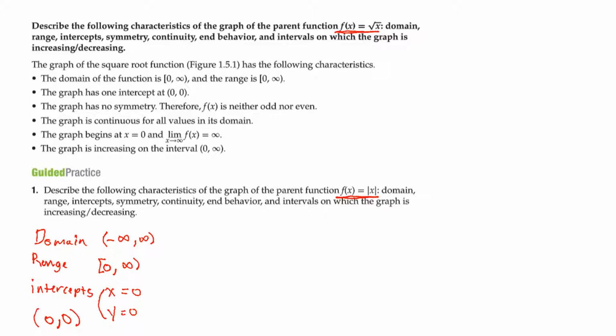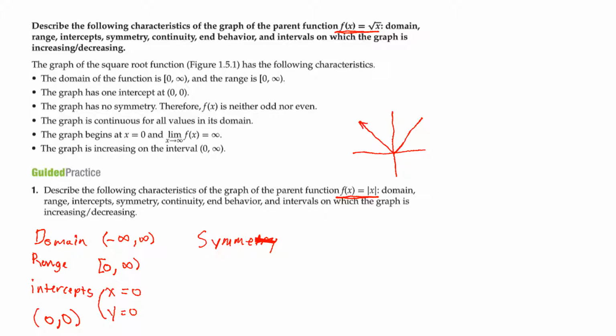Okay, so next I need to deal with the symmetry. All right, symmetry. Now I'm going to draw this here so that you can see it. Okay, the absolute value function does like this.